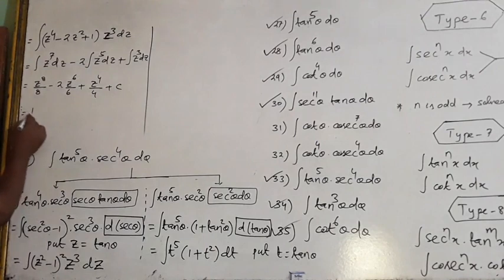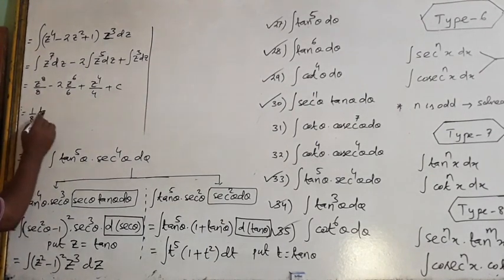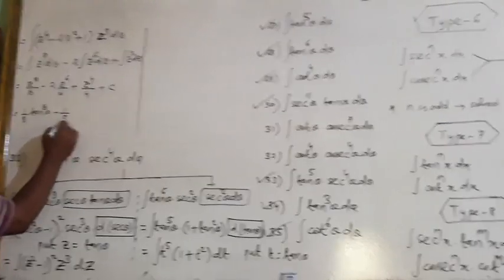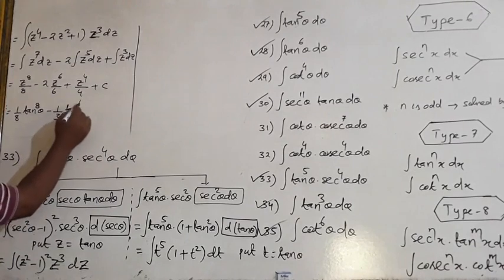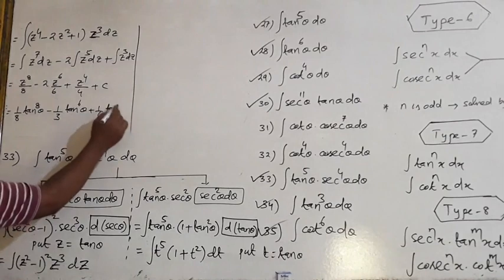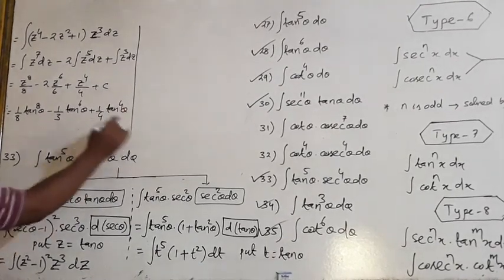Its answer is 1 by 8, what is z? Z is sec to the power 8 theta, minus 1 by 3 sec power 6 theta, plus 1 by 4 sec power 4 theta plus c.